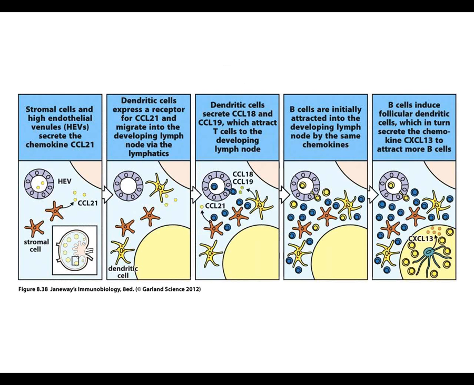So once these lymphocytes get out to the periphery, where do they want to go? Well, they've gone through the central lymphoid tissue, and now they want to go to the peripheral lymphoid tissue, and this is probably where they're going to come into contact with antigen. To get there, there's a sophisticated series of signaling events that need to happen.